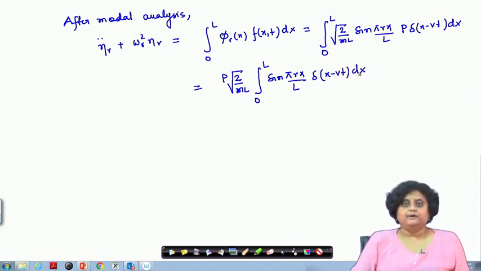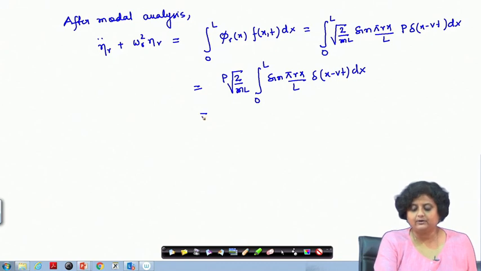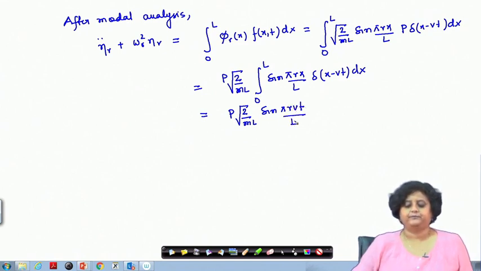Now, referring back to the previous problem, this whole integral is going to simplify to P by root over mL into sine of pi r v t by L.